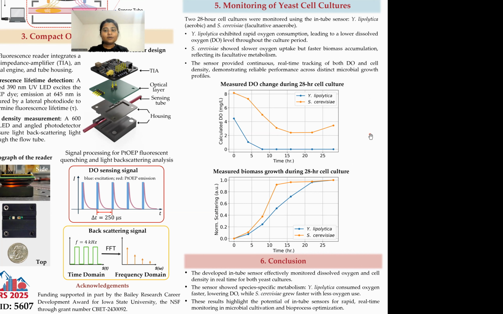Using our system, we also illustrate that it can be utilized to distinguish between the different microbial growth profiles of different species-specific behaviors. This illustrates that our system has the potential for usage for rapid and real-time monitoring of microbial cell cultures and bioprocess optimization.